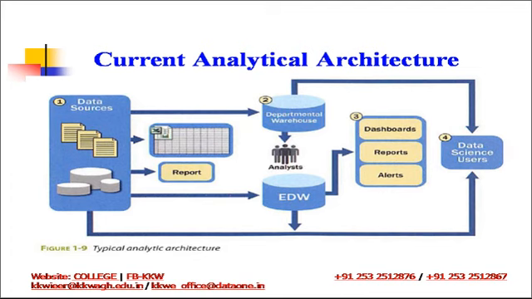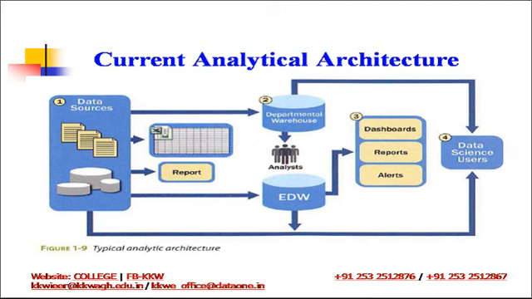It also collects the data generated from the EDW in the form of dashboards, reports and alerts. Once all this data is available, the data scientist's role is to analyze this data in such a way that the data scientist is able to make a proper decision for some future prediction, which may be beneficial for the business.